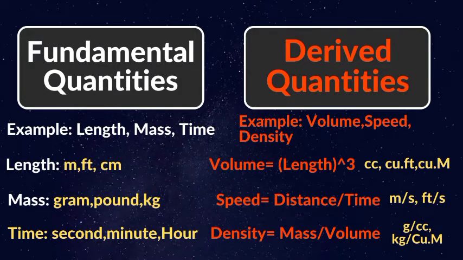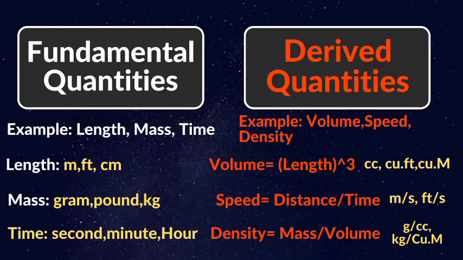Now you will get a clear idea and we will find the difference between fundamental quantities and derived quantities. Fundamental quantities, as explained, the examples are length, mass, time. Length, in various unit systems, is expressed in meter, feet or centimeter. Mass is gram, pound or kg. Time, second, minute, hour, like that.